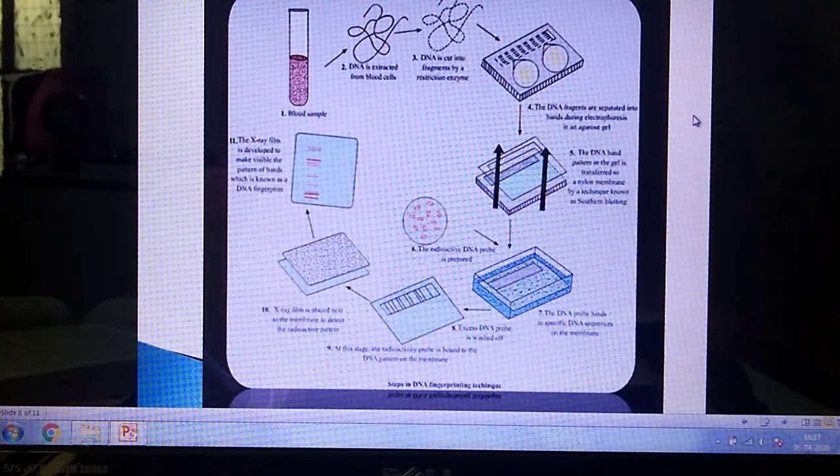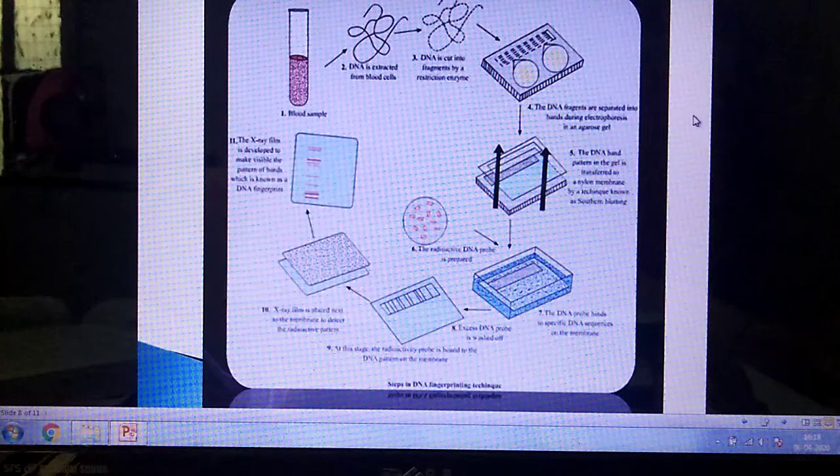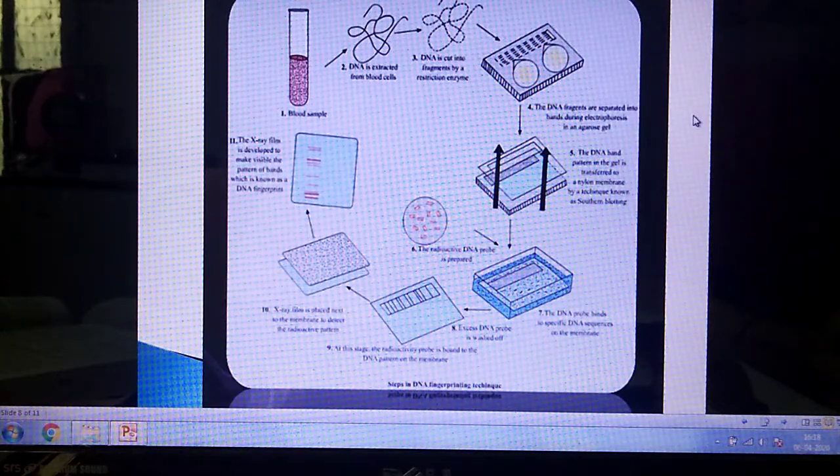And in the Southern blotting technique, we use a radioactive labeled DNA probe. With the help of the radioactive DNA probe, the picture is autoradiographed and the banding pattern is shown in the diagram, showing the variable number tandem repeats of a particular blood sample of an individual.